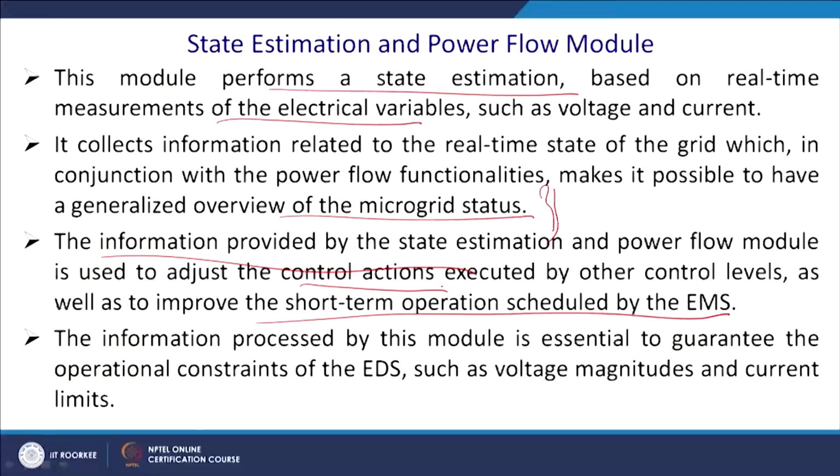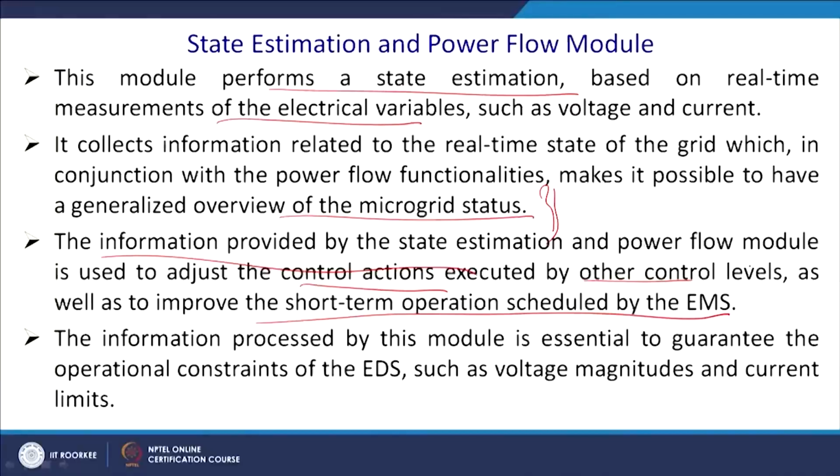From there we can understand and apply the droop control or any other control technique, and from the other control levels we can ascertain whether we can accommodate another load or not. That is the short term operation scheduling of the energy management system.